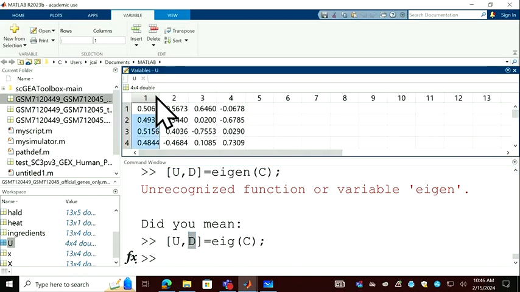The first is your new x-axis, the second you can use as the y-axis, then the z-axis, and then the fourth axis.